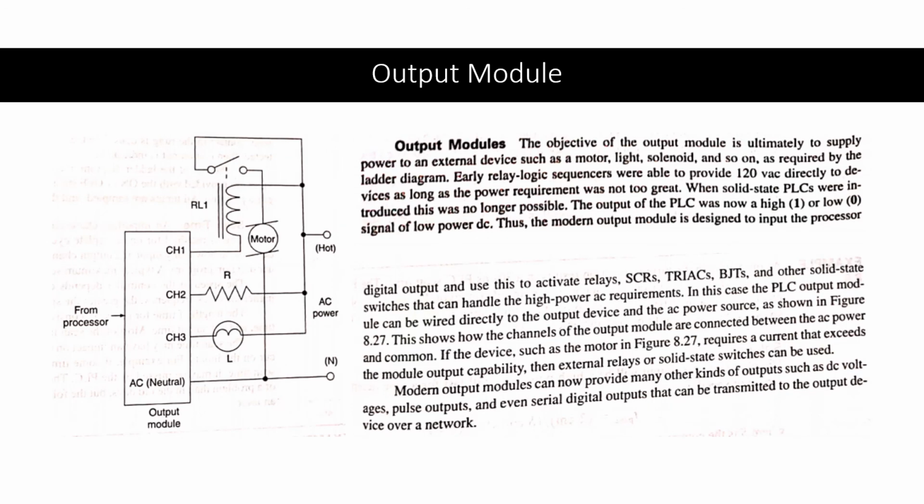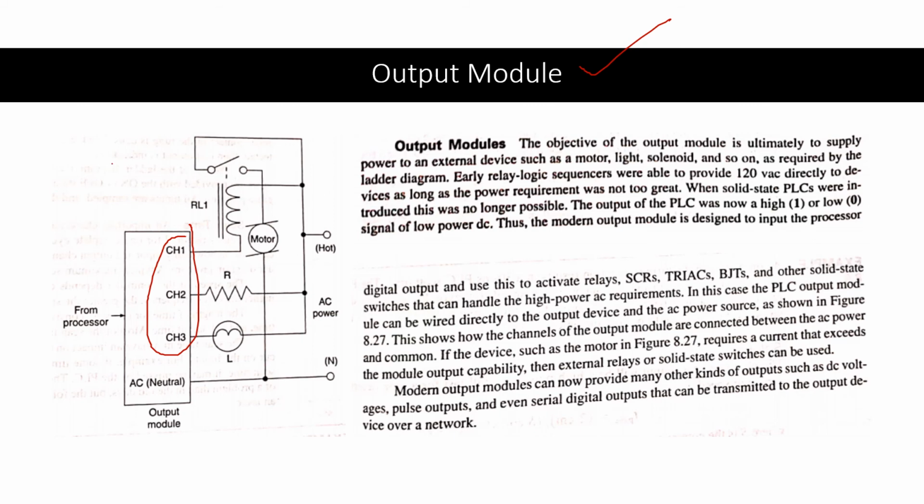Next is your output module. It receives the input from the processor, and the processor output is nothing but 0 and 1, because it is in digital format. The output module also has terminals, and it is mainly used to activate systems like transducers or actuators, motors or displays, etc. As I already told, it receives a digital signal, 0 or 1.